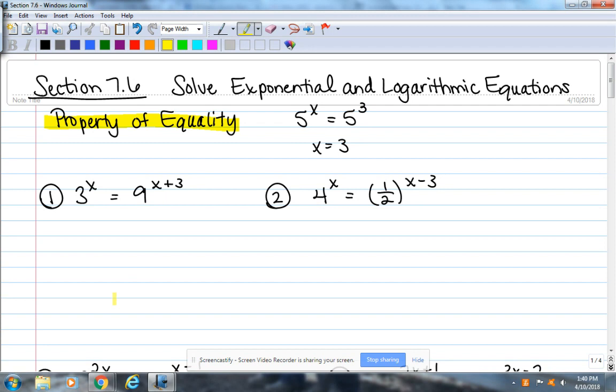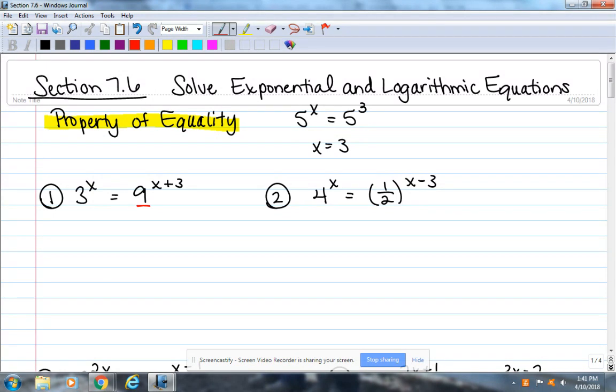We have 3 to the x power equals 9 to the x plus 3 power. We need the base to be the same. And right now we've got a 3 and a 9. But we can change the 9 to have a base of 3, can't we? What is 9 with a base of 3?